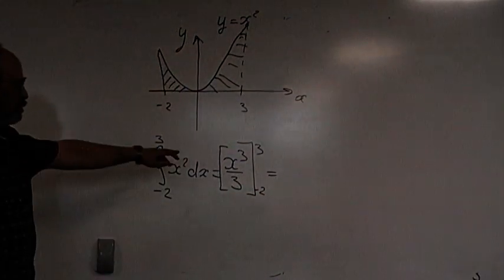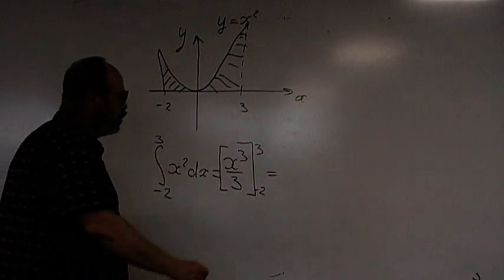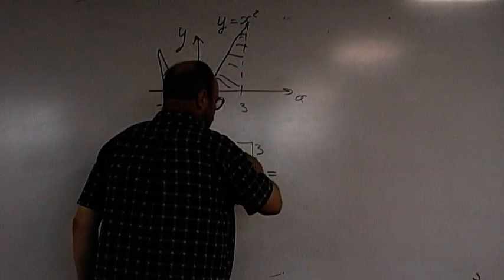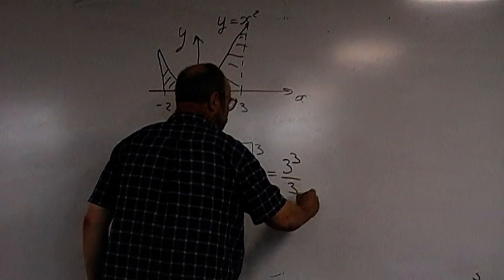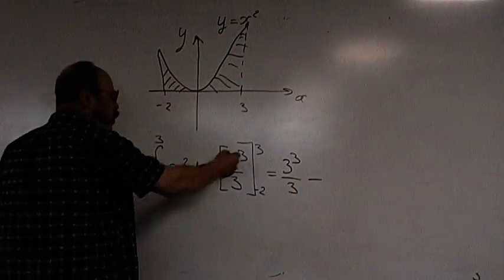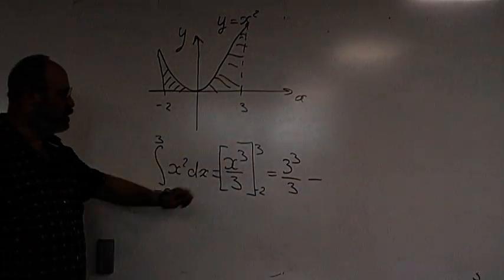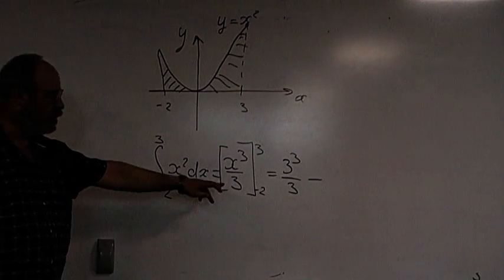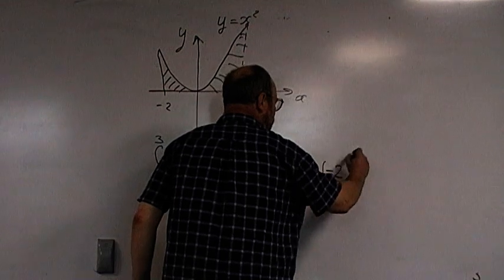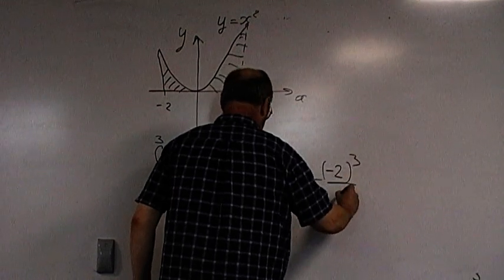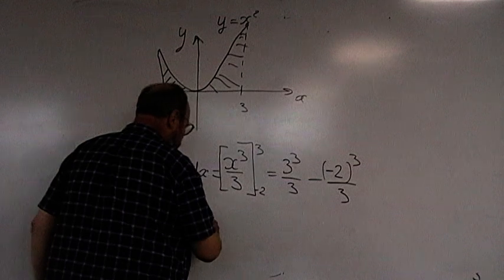Substitute the upper limit, so it will be 3 cubed, 27, over 3, minus the value of this antiderivative function at negative 2, minus negative 2 cubed divided by 3.